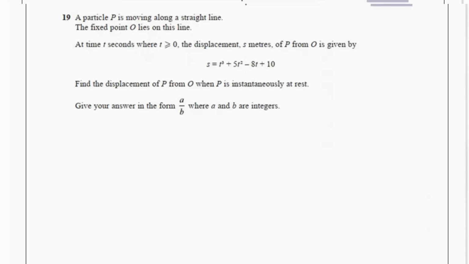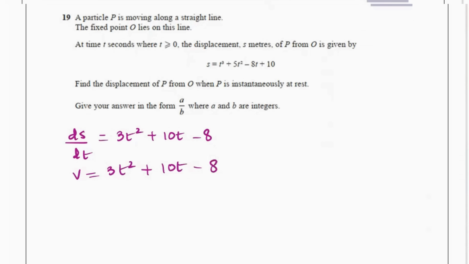So if P is instantaneously at rest, that means we need to find the speed. To find the speed, we do ds over dt, which is going to give us 3t squared plus 10t minus 8. So this is basically your velocity. When P is instantaneously at rest, that means there is no velocity, there is no movement.